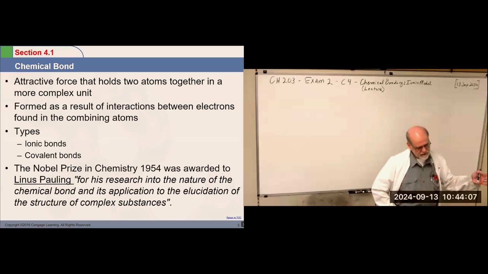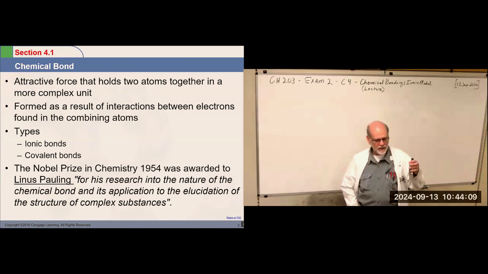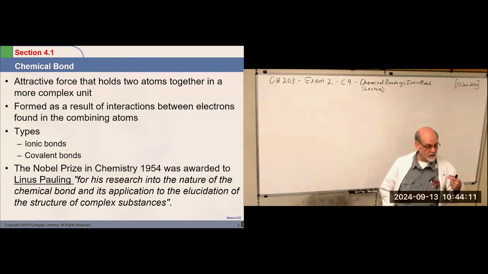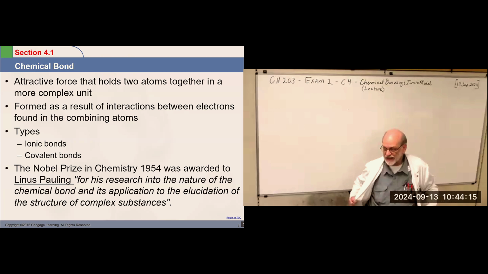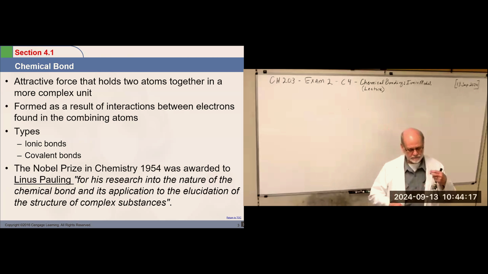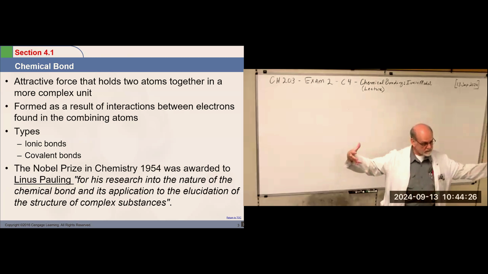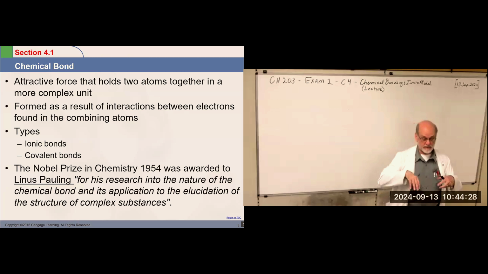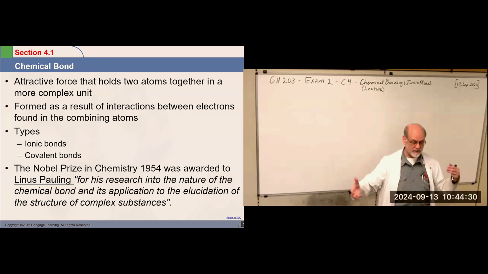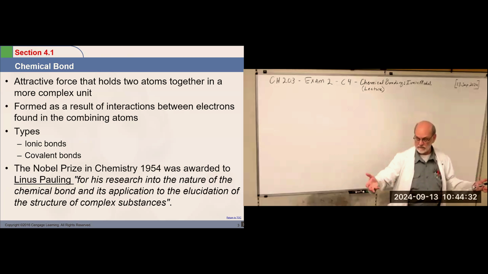So a generalized description of a chemical bond is the force that holds two atoms together. That's as simple as you can get. Now, it can hold them together into a complex unit that is an array, just as big as you want it to be, of positive and negatively charged ions, cations and anions.